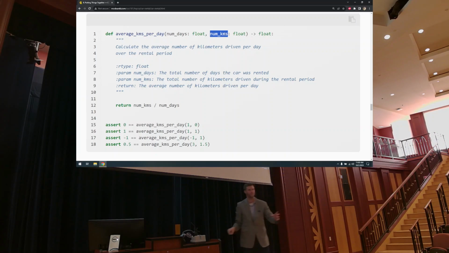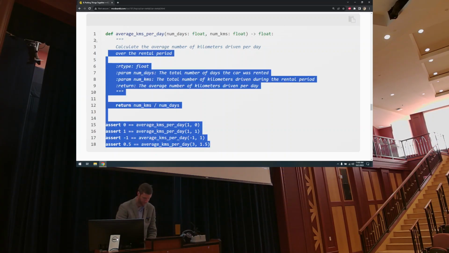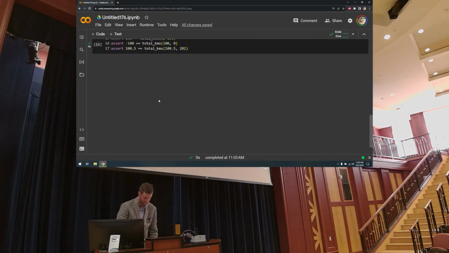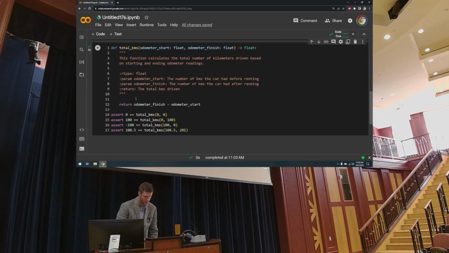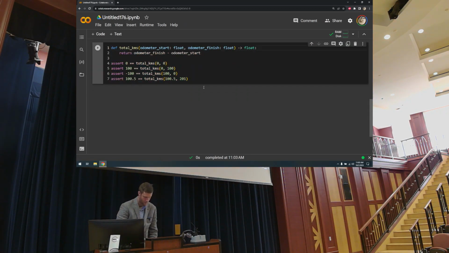Right? What I mean is, here, let me copy this. I'm going to get rid of the docstrings just for the sake of space, and these tests here.